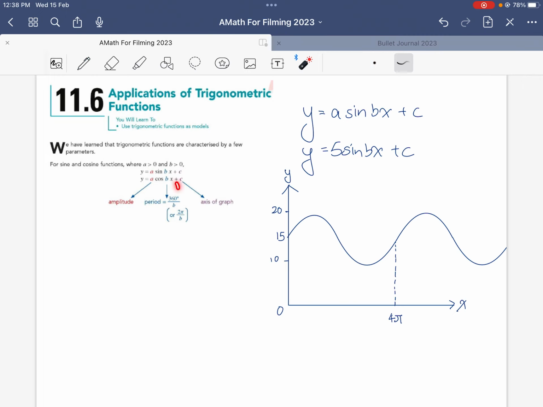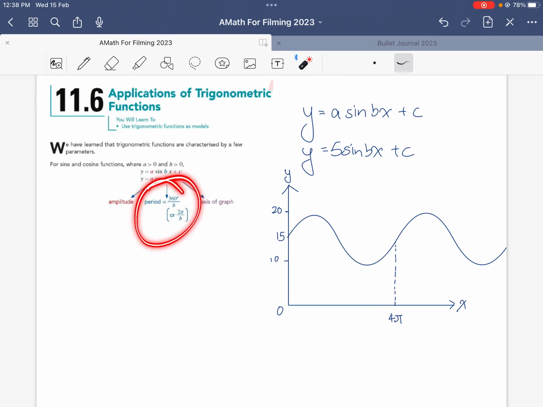The next idea I want to regurgitate is about the period itself. So what is period? Period is how long it takes for the graph to repeat one full cycle. For example, for a sinusoidal graph, from here to here is one full cycle, and for this example it is 4 pi.